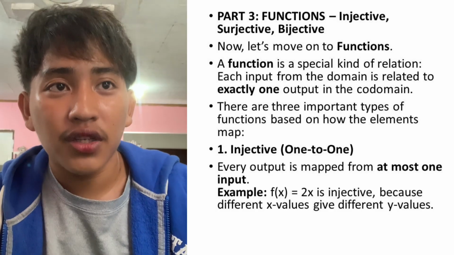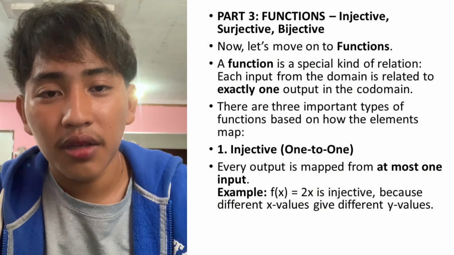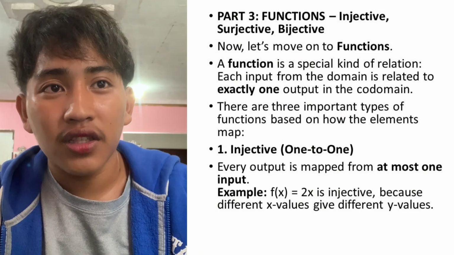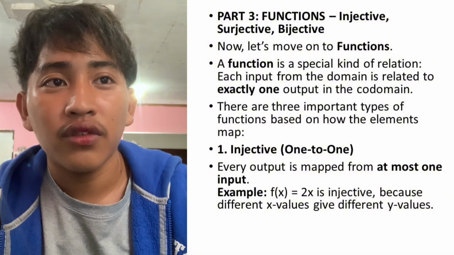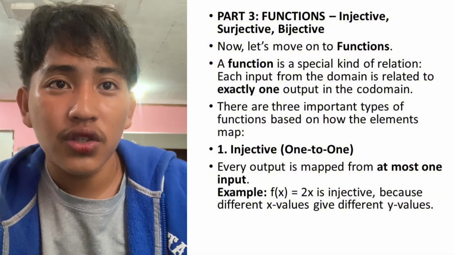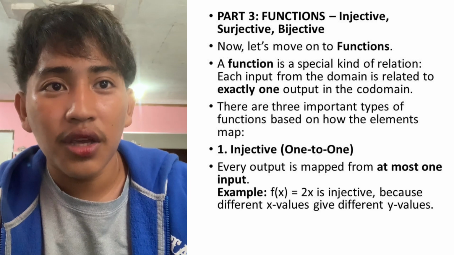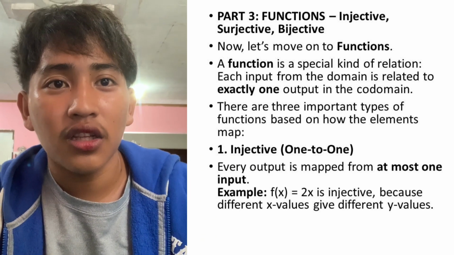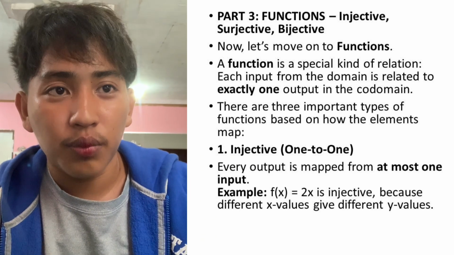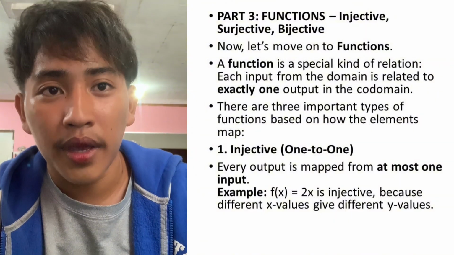Part 3: Functions, injective, surjective, bijective. And now let's move on to functions. A function is a special kind of relation. Each input from the domain is related to exactly one output in the codomain.